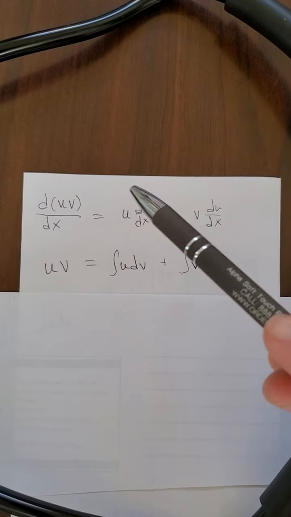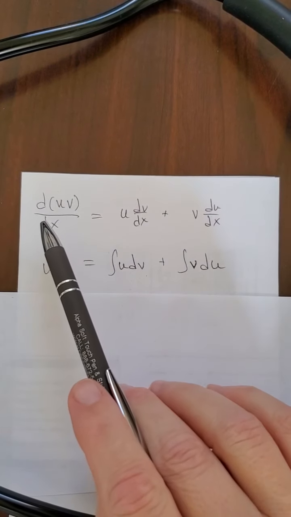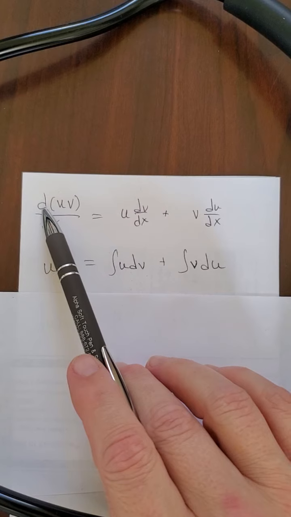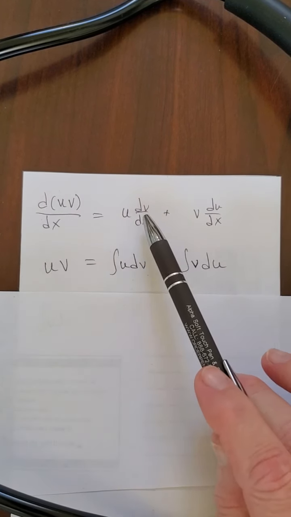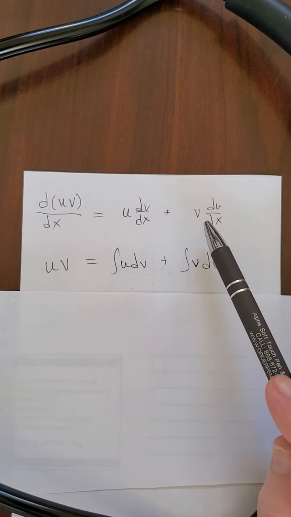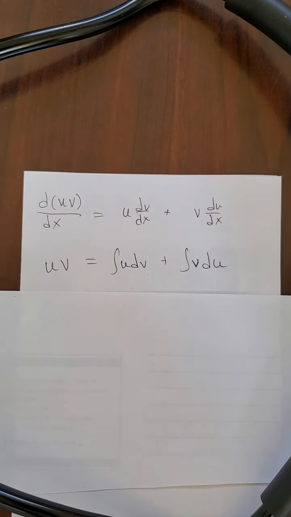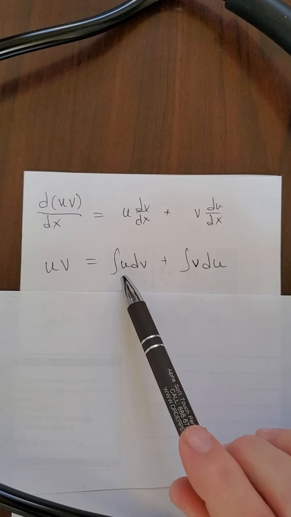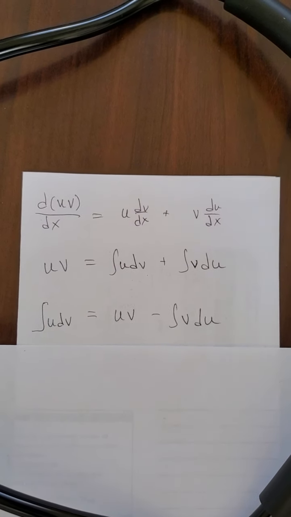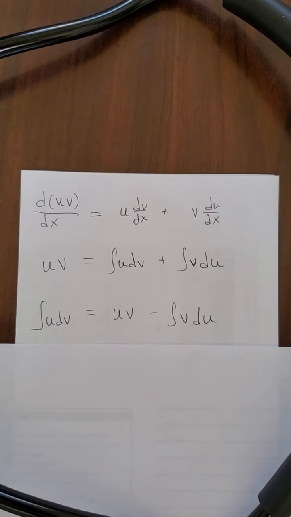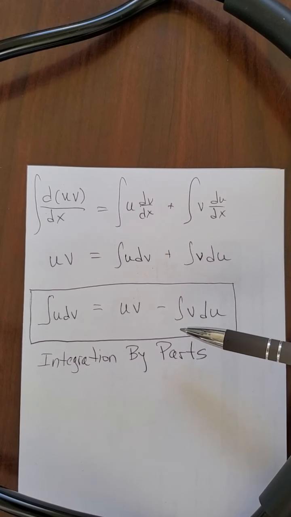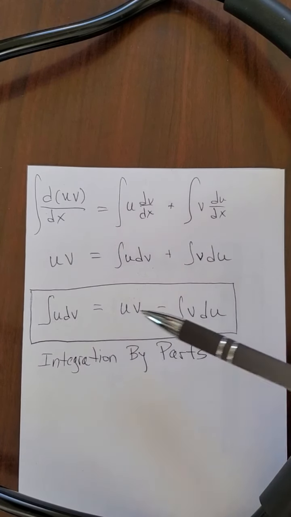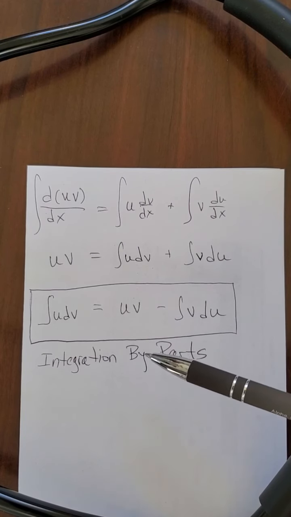When I integrate both sides, the integral and the derivative basically cancel out, and I'm just left with the plain uv. Here I have the integral of u dv, and here I have the integral of v du. Now I'm going to solve for the integral of u dv, and I get this famous classic formula. This formula gives us the technique of integration by parts.